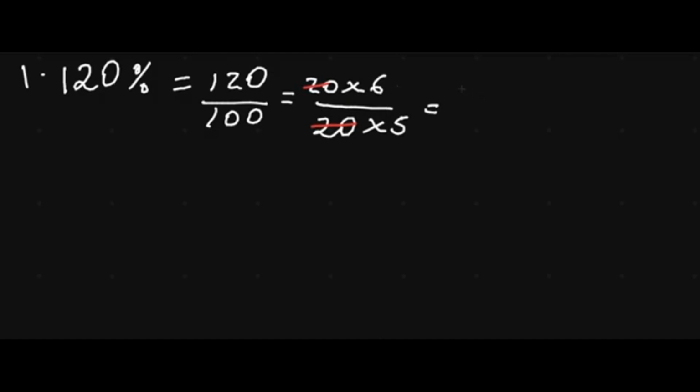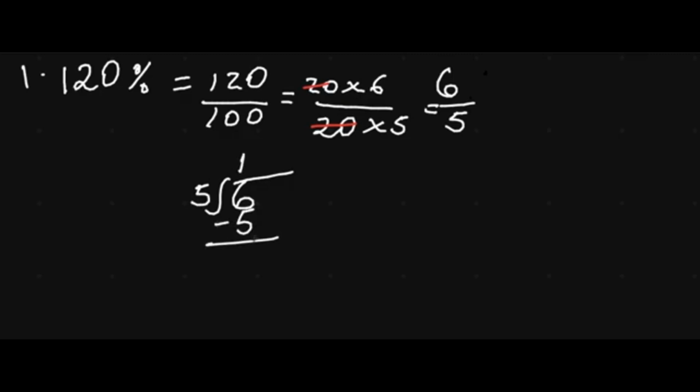The rest will be 6/5, which is an improper fraction, meaning the numerator is greater than the denominator, so we can change it by dividing 6 by 5. 6 divided by 5 is 1 time, 1 times 5 is 5.